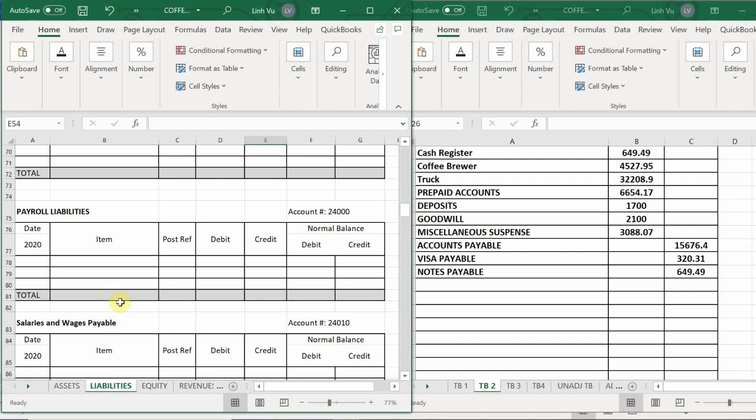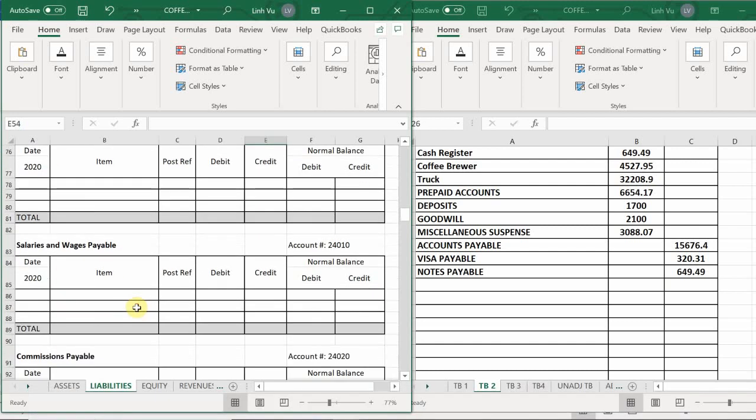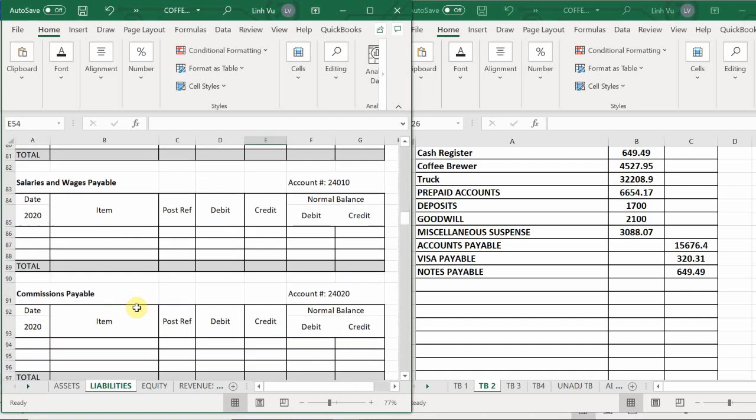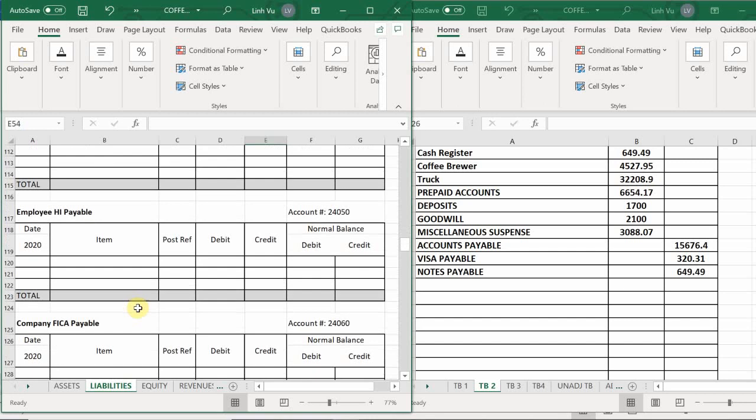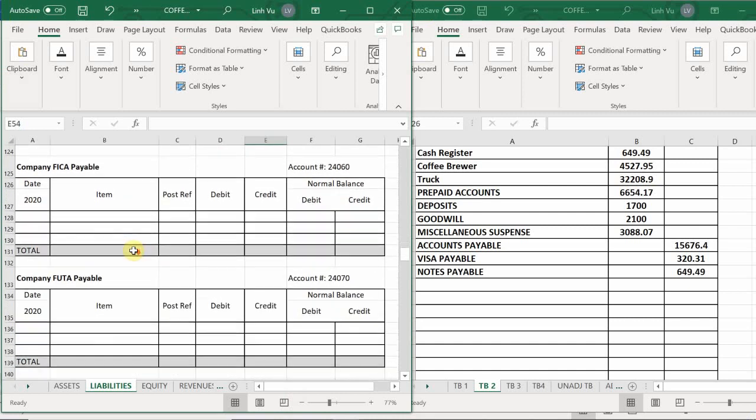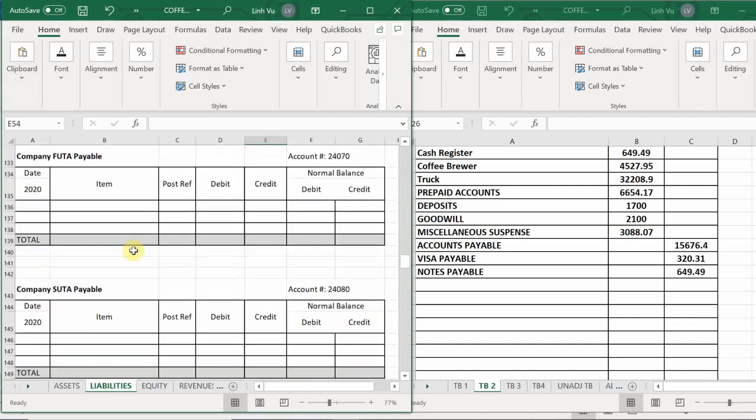Okay. Let's see. We haven't done payroll yet because we have an employee, but we haven't run their payroll process yet because they just missed the payroll period and they're not to be paid until the 28th of June. So this will not be touched until June 28th.